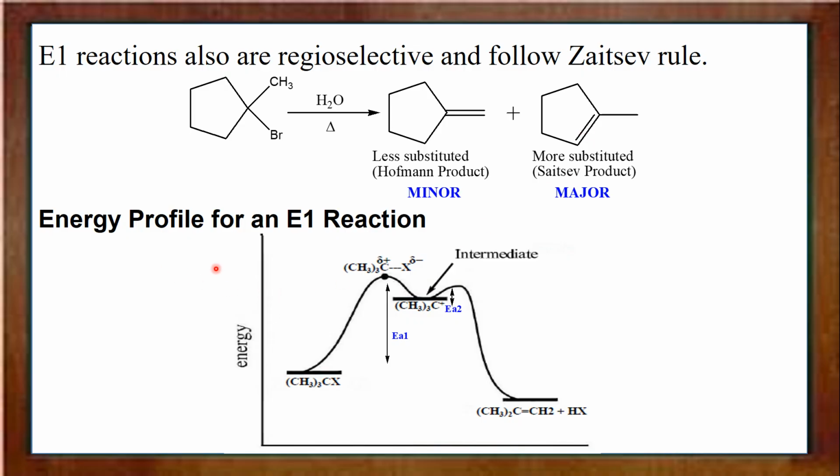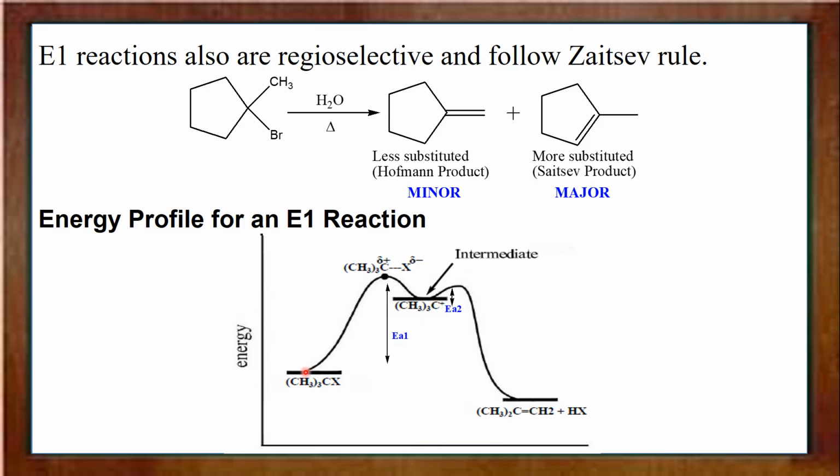So, in E1 mechanism, there are two steps involved. In the first step, the substrate undergoes ionization, resulting in the formation of carbocation. So, up to this point, this is the intermediate. From starting compound to this intermediate, this is the first step. And this is the transition state.